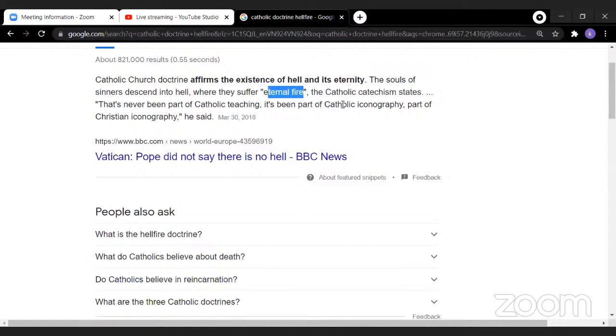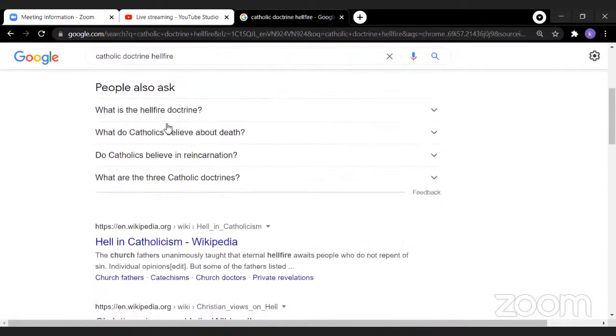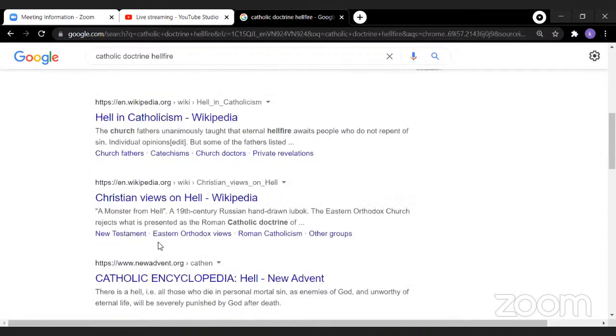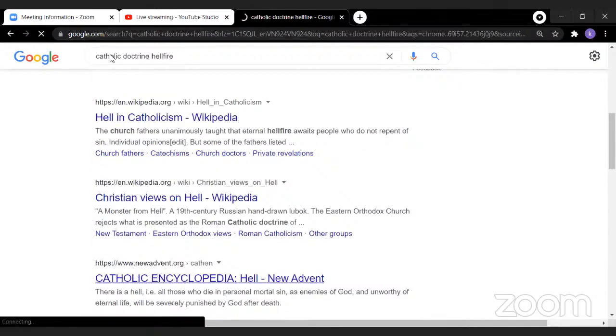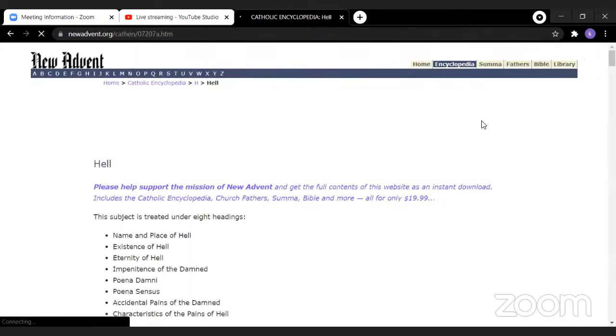It's been part of Catholic iconography, part of Christian iconography, he said. Oh, so he's trying to clean that up. Catholic Encyclopedia, let's see. But I want to go to the Catholic website.